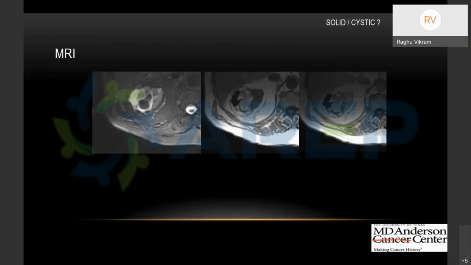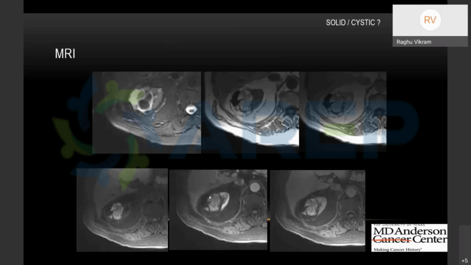So subtraction is an extremely elegant way of looking at different problems in renal masses, particularly, and also in many other lesions. This is an MRI of a patient who had RF ablation. This is a T2 weighted sequence. You can see some fluid signal and also some intermediate and low signal. And the T1 weighted sequence shows a lot of hemorrhage. And on the contrast enhanced sequence, you are no wiser of whether it is enhancing or not.